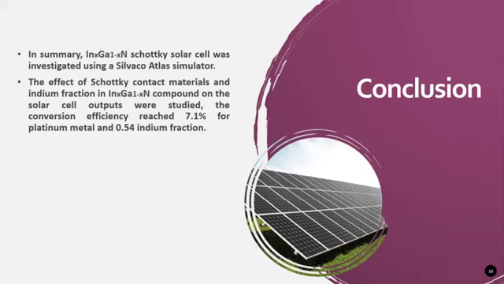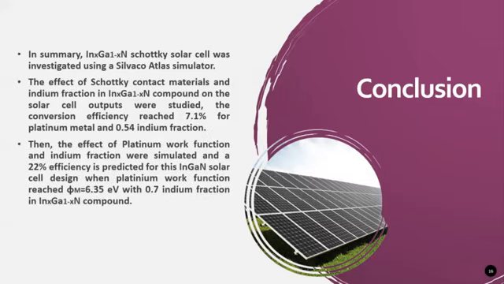In summary, the indium gallium nitride Schottky solar cell was investigated using the Silvaco Atlas simulator. The effects of Schottky contact materials and indium fraction in the indium gallium nitride compound on the solar cell outputs were studied. The conversion efficiency reached 7.1% for platinum metal and 0.54 indium fraction.